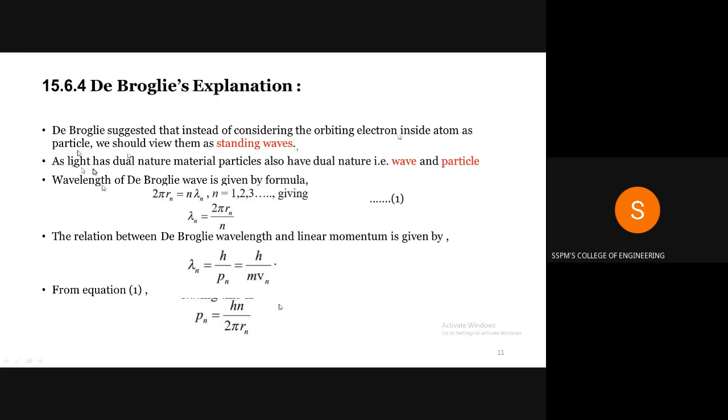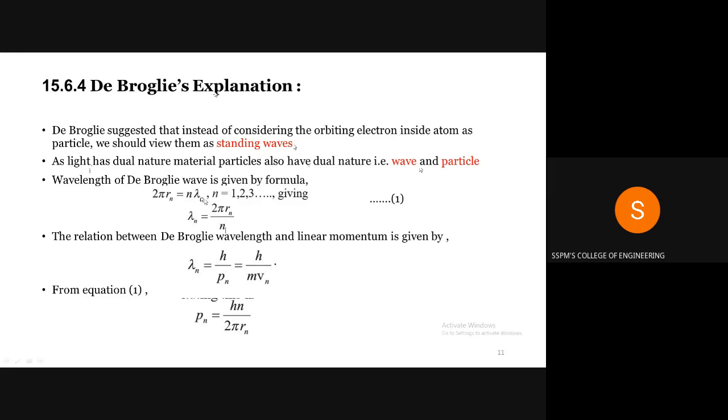And the wavelength of the de Broglie wave is given by 2 pi r equals n lambda. If n equals 1, 2 pi r equals lambda. For n equals 1, 2, 3, and so on, lambda equals 2 pi r upon n, where r is the radius of the nth orbit.